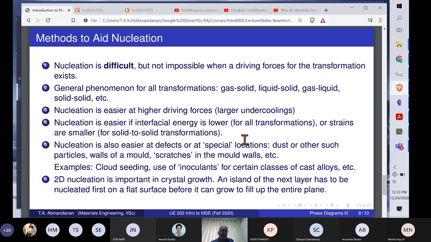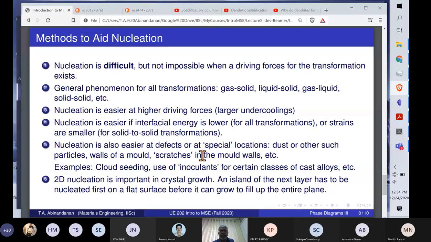So in the case of castings, when you pour metal into a mold, the mold walls can act as nucleation sites. And there are situations where you are trying to create gas bubbles by heating a liquid up.